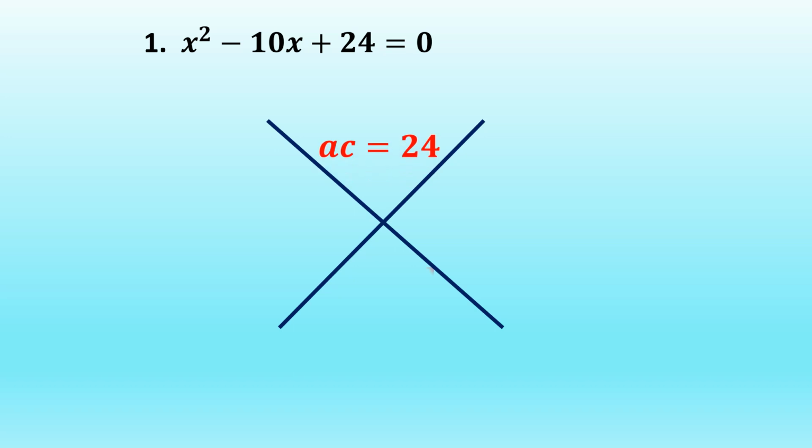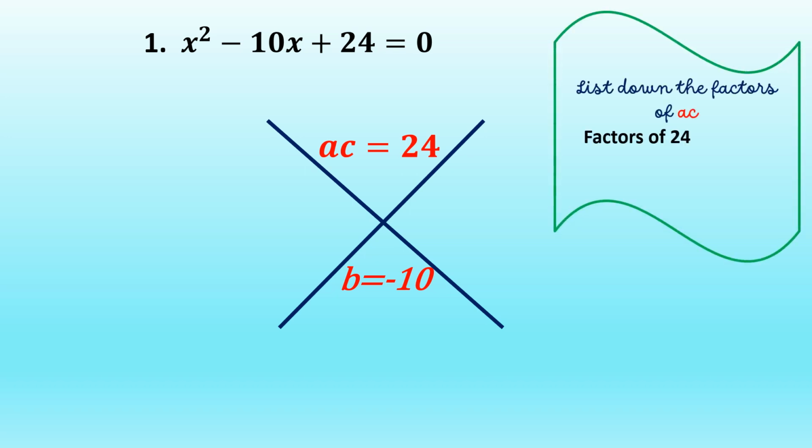We take note also that our b is equal to negative 10. To start factoring, we list down the factors of 24. They are 1 and 24, 2 and 12, 3 and 8, and 4 and 6.